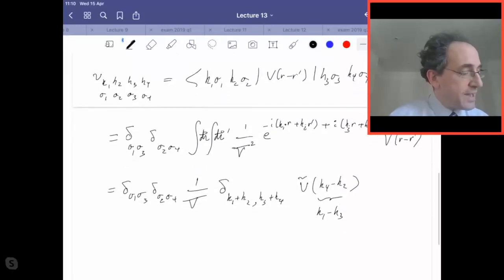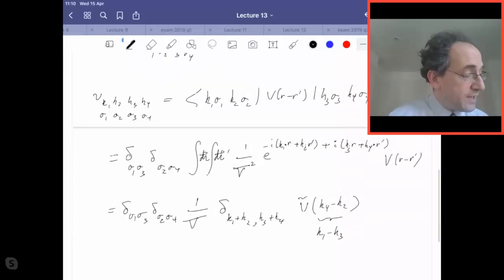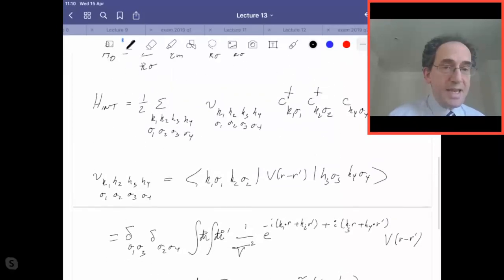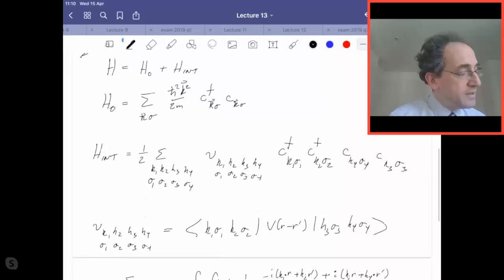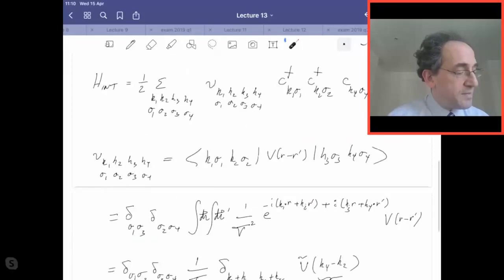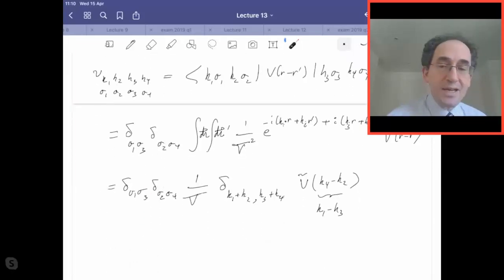So with that way of writing the matrix element, I can simplify this H int up here into a slightly nicer form, allowing this Kronecker delta function to act.